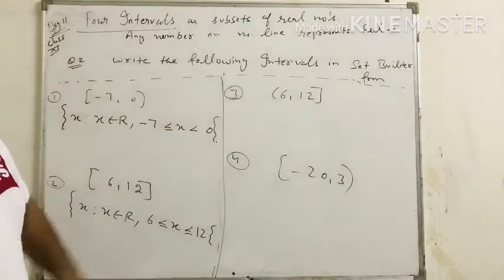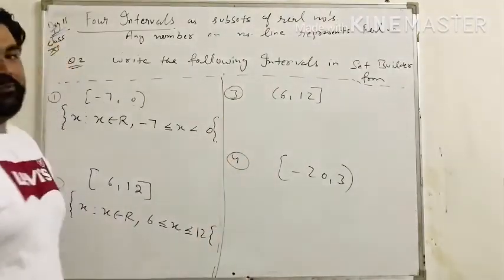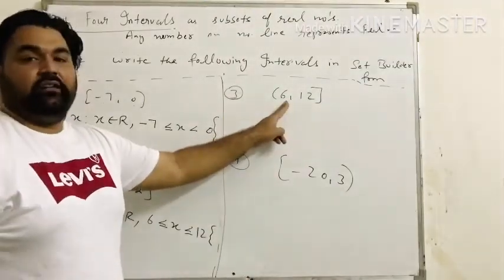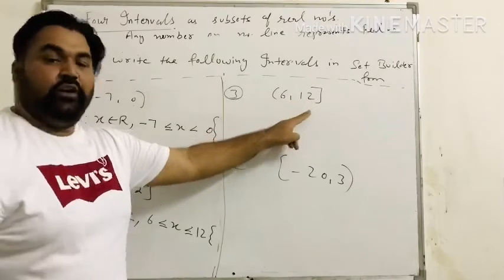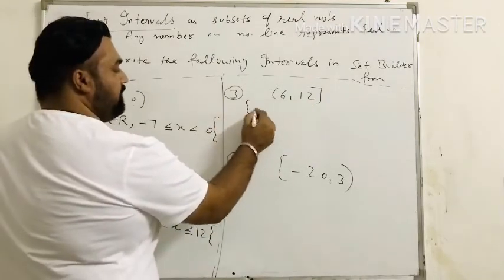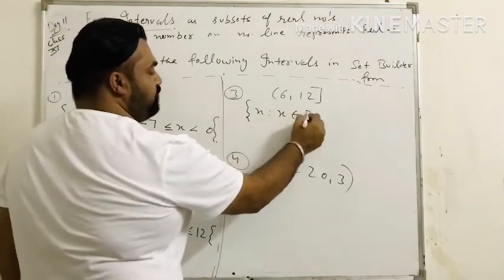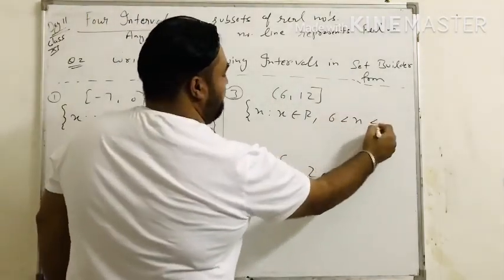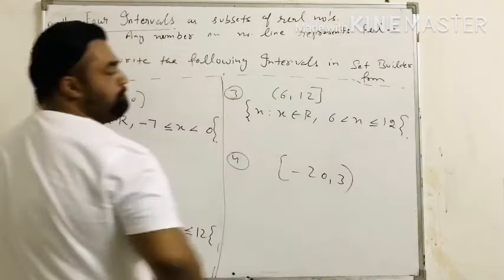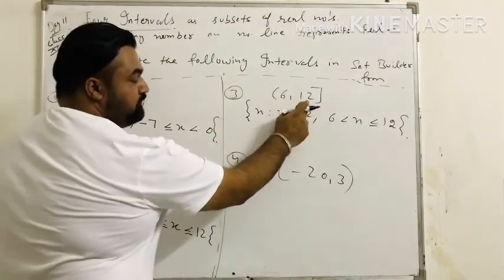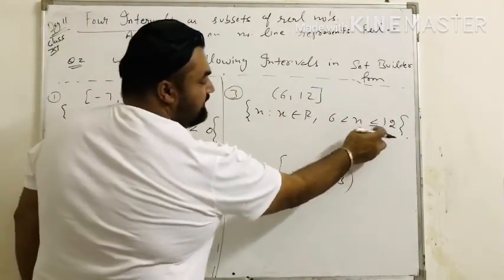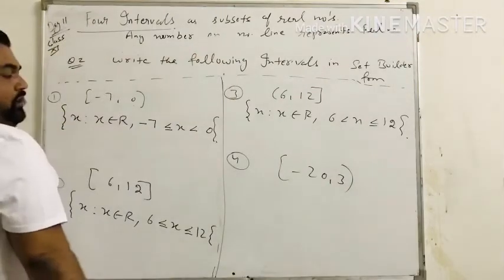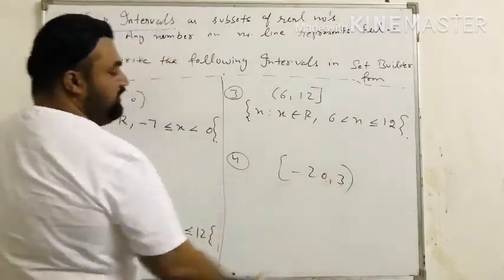Now shift to the third. This is semi-open. Semi-open means this is excluded, this is included. So x such that x belongs to R, the value of x is, so this number is included, so we write x less than or equal to 12. The next question is minus 20 to 3.